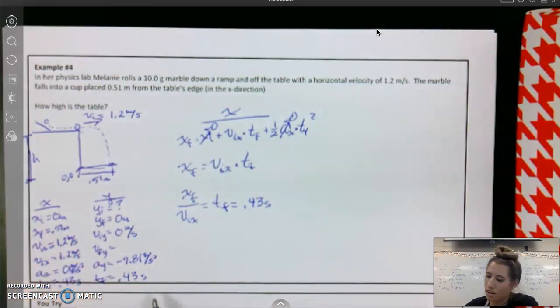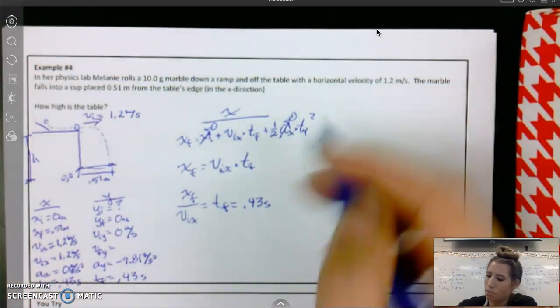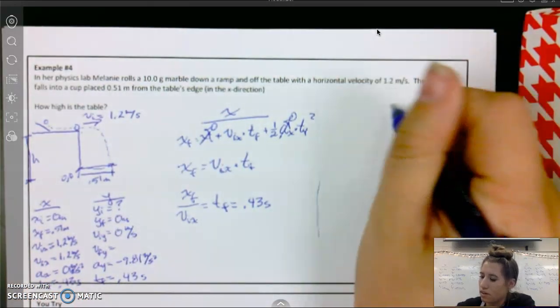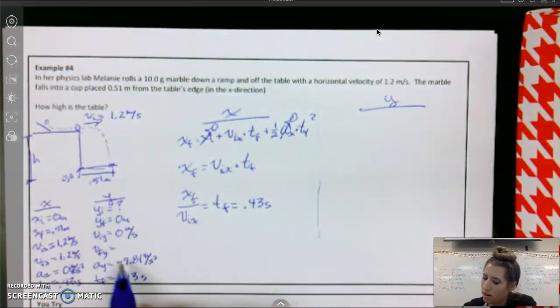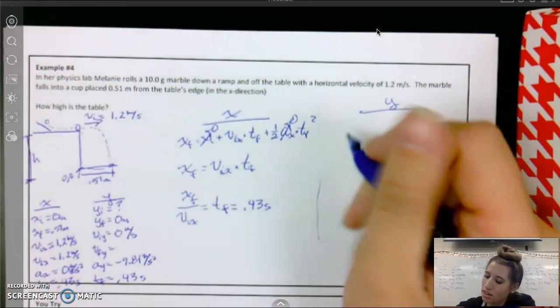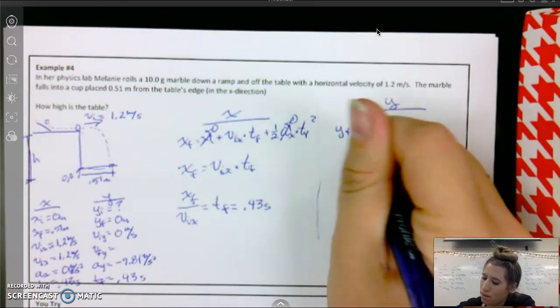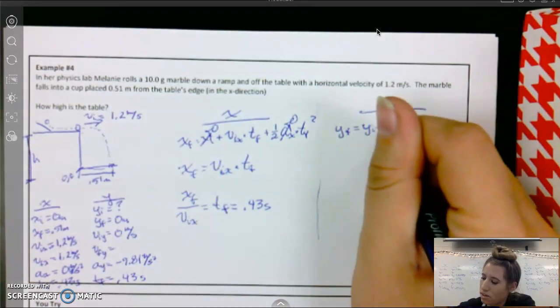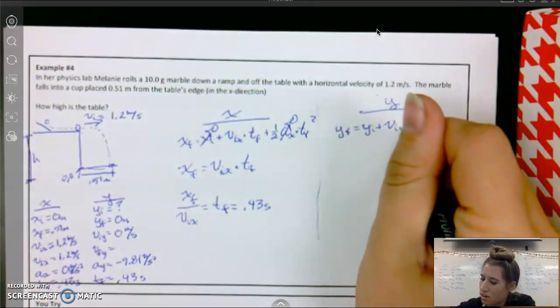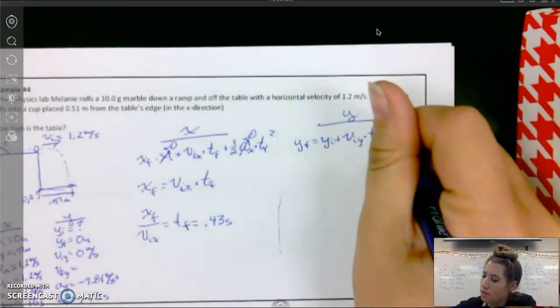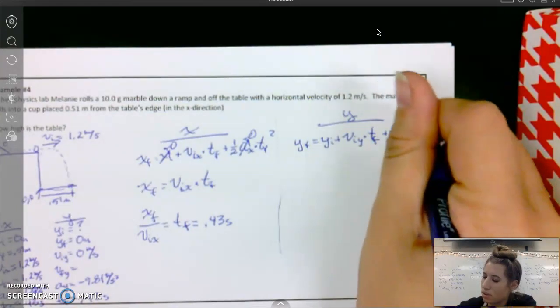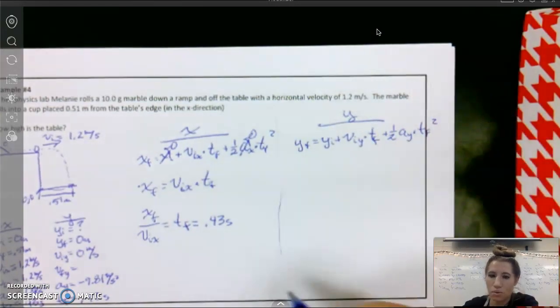And now we'll use that in the y components here. So in the y direction, we're solving for y initial. I need to pick an equation that does not have velocity final because we don't know that. And the only equation that doesn't have that is y final equals y initial plus velocity initial in the y multiplied by time final, plus 1/2 acceleration in the y, time final squared.